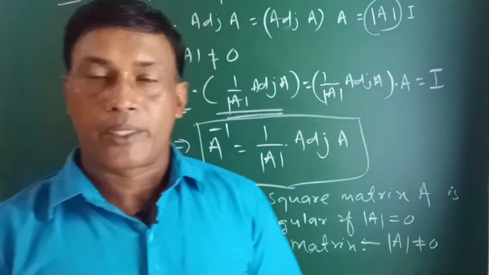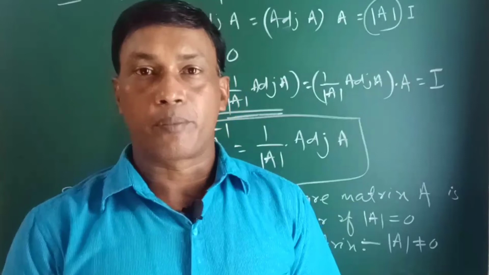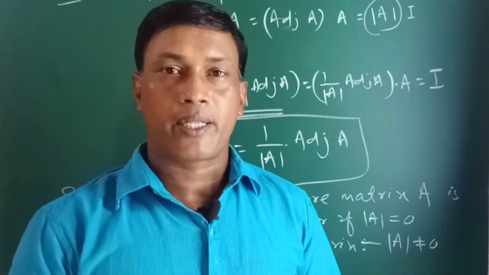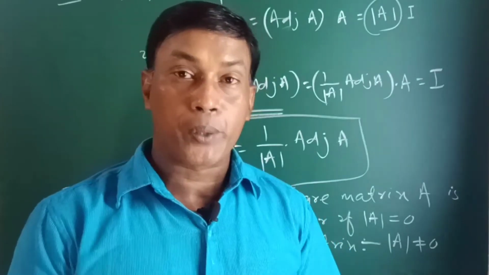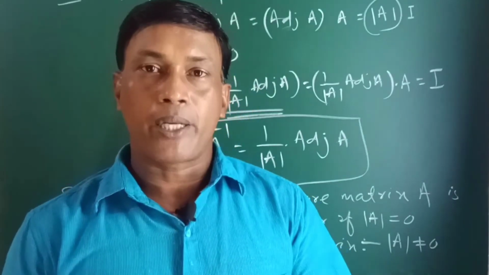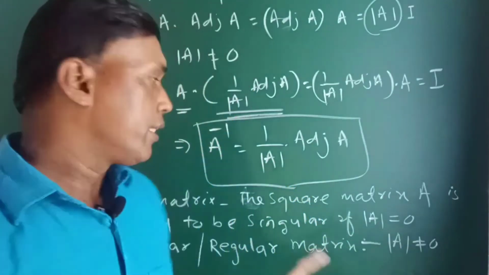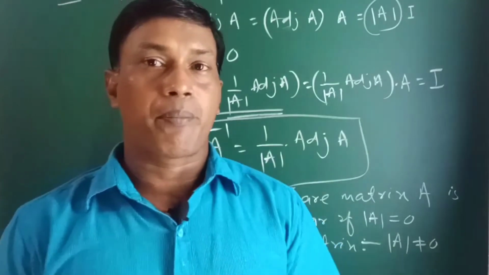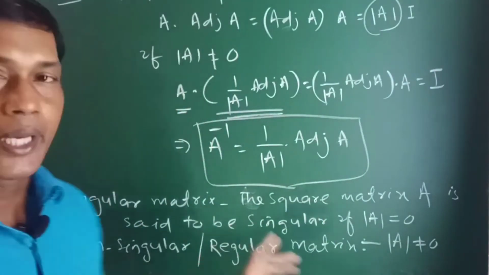After forming the determinant of a square matrix, if the determinant value of the square matrix is 0, then that matrix is a singular matrix, and if the determinant value is not 0, then it is a non-singular or regular matrix.